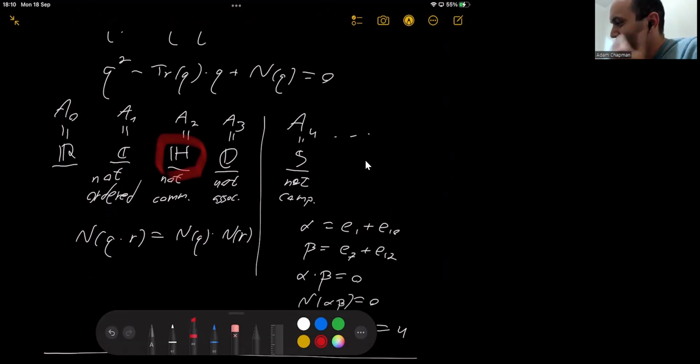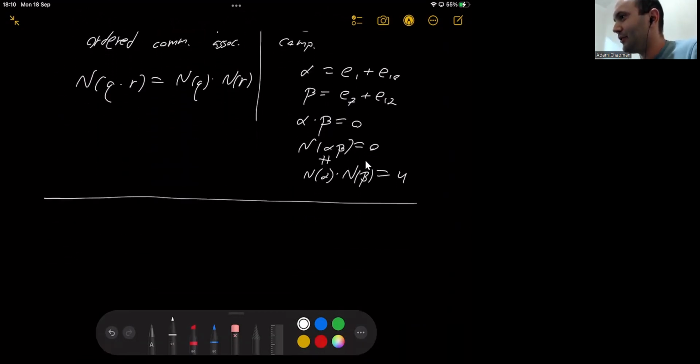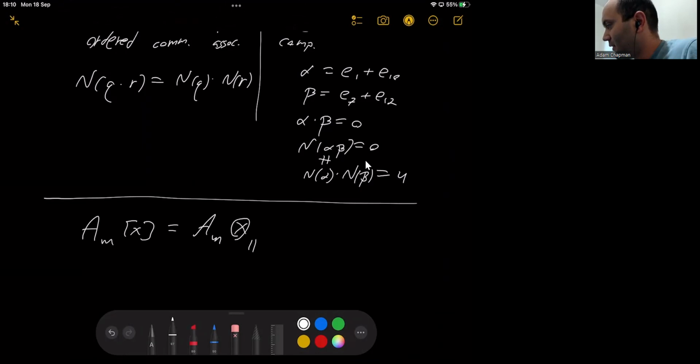So what we do, and that's what people usually do in the literature, so if you go to Jacobson's or Wedderburn's works in the field, then you just define polynomials this way. You take this Cayley-Dickson algebra that you want, and you tensor over the reals with a ring of polynomials over the reals.